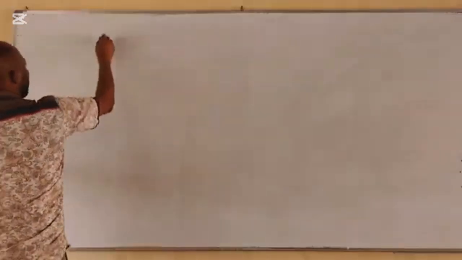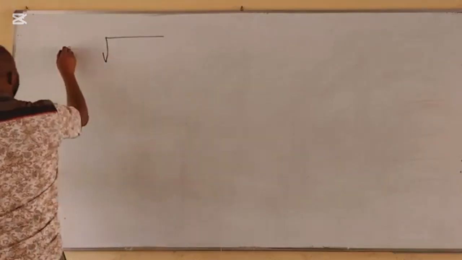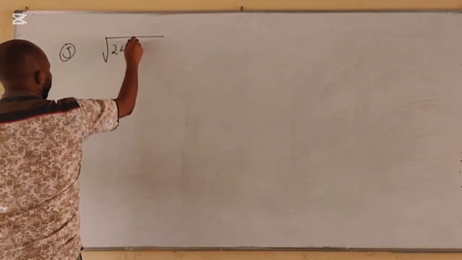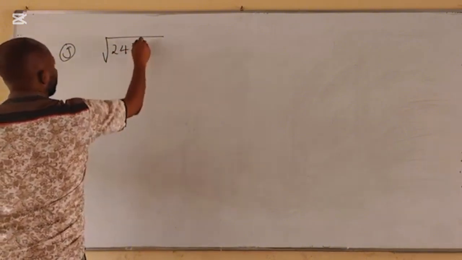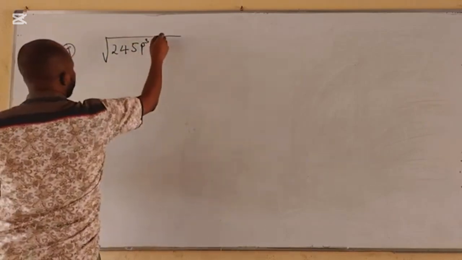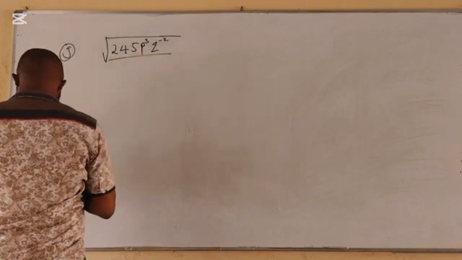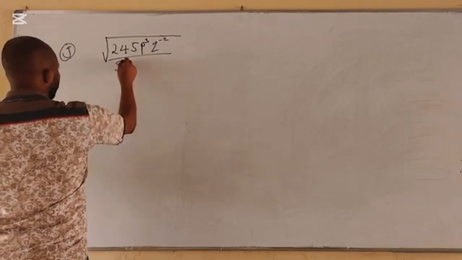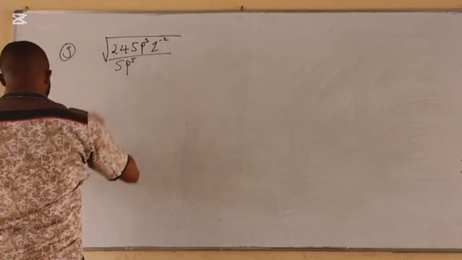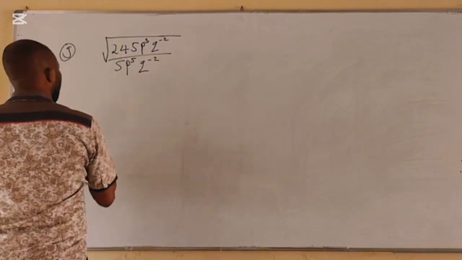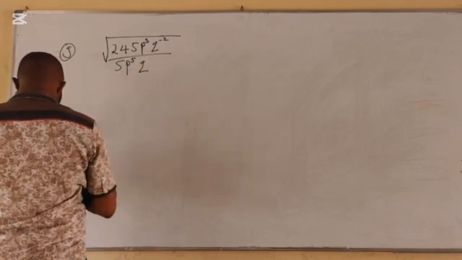So let's take another question. We are asked to simplify. This is G. Simplify 245 p raised to the power 3 q raised to the power minus 2 divided by 5 p raised to the power 5 q raised to the power minus 6.